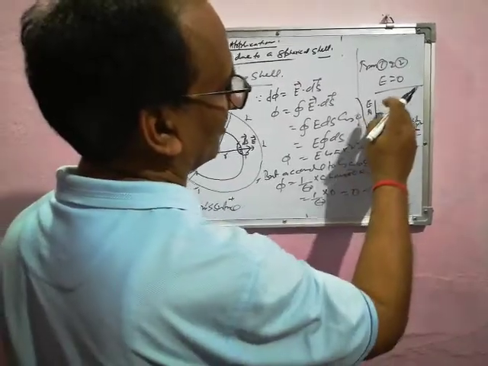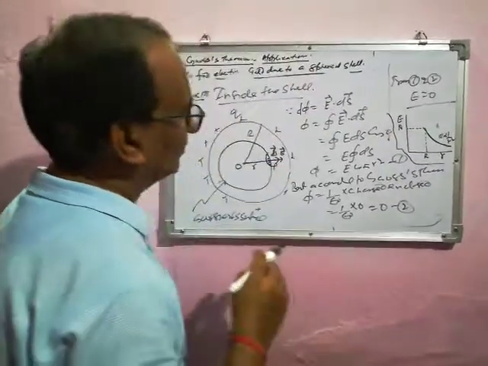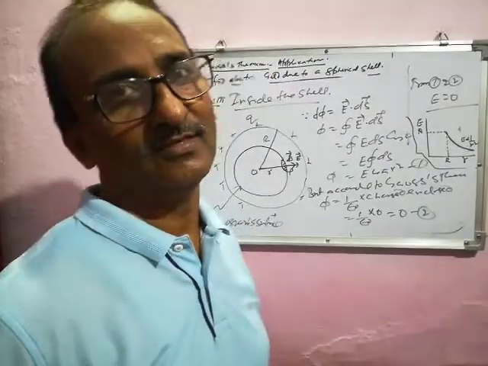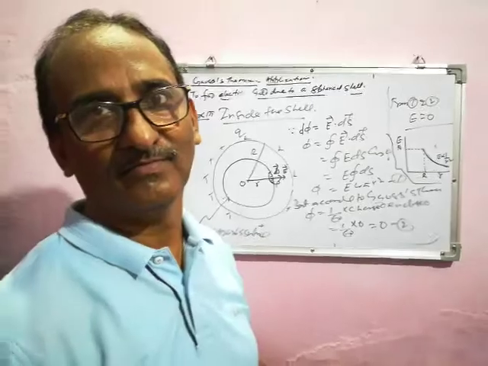Inside the shell electric field is 0. In this way we have learned how to deduce expressions of electric field intensity due to a spherical shell. Thank you.